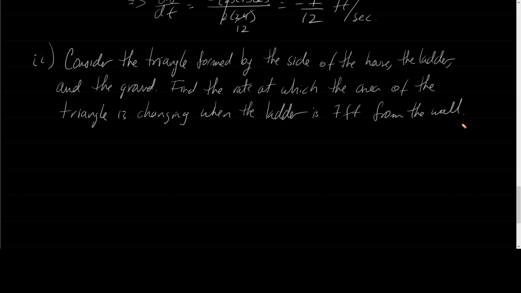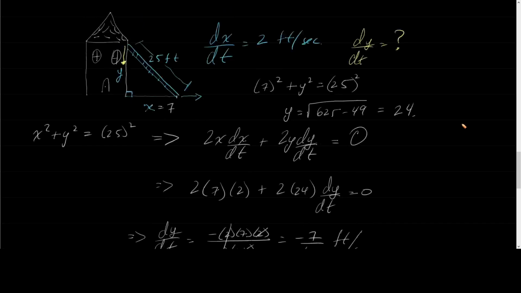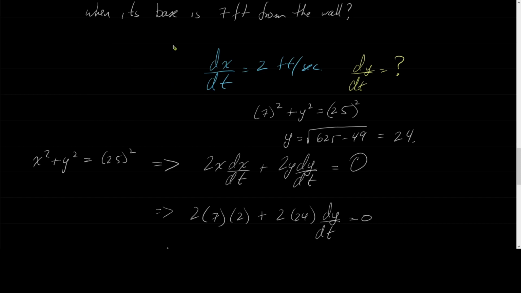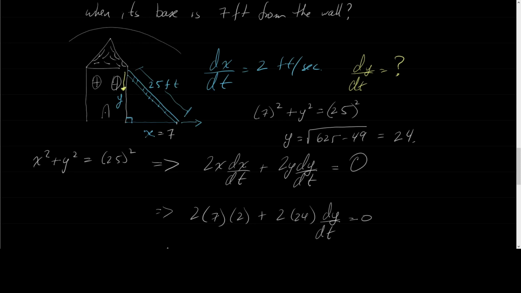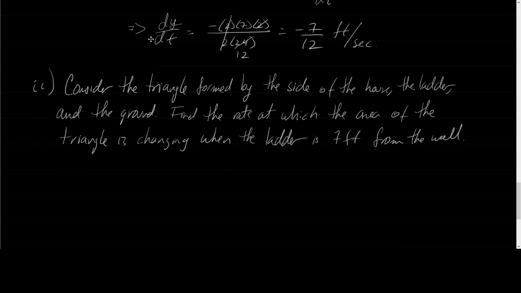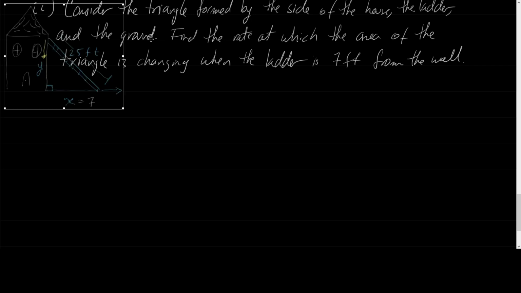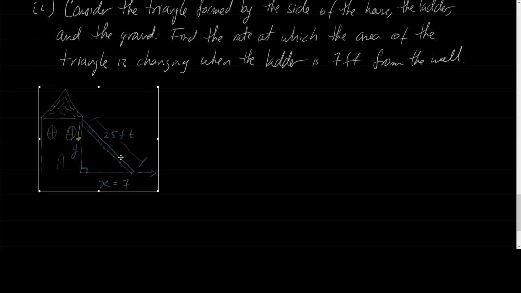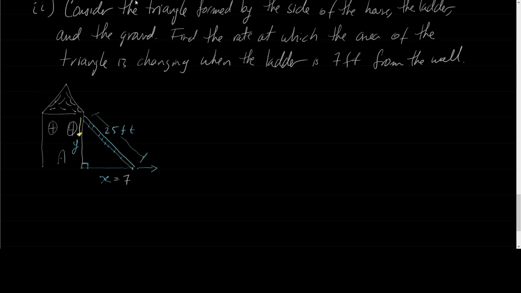All right, so rather than redraw the visual, I'm going to go ahead and copy this. And recall that we were given dx/dt, the rate at which this is changing.